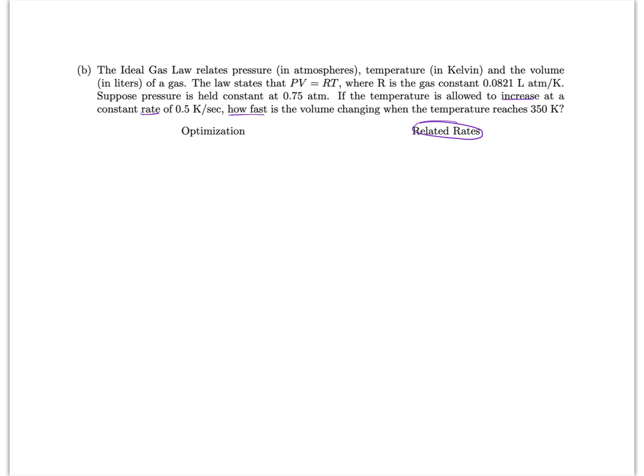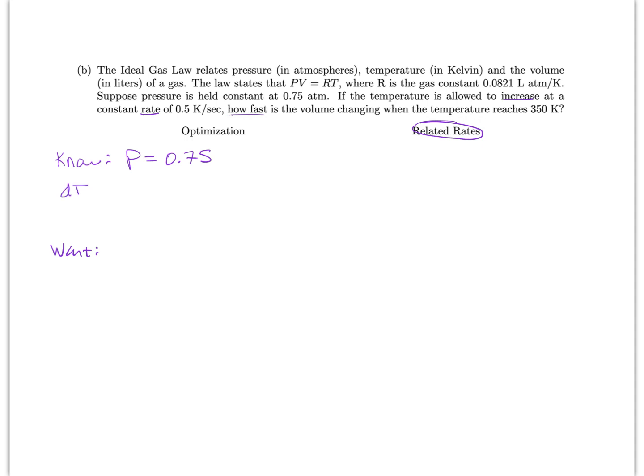Now let's see if we can write out some stuff that we know and some stuff that we want to know. Okay, so pressure P is being held constant at 0.75. Temperature is allowed to increase, so that's the rate of change of temperature.